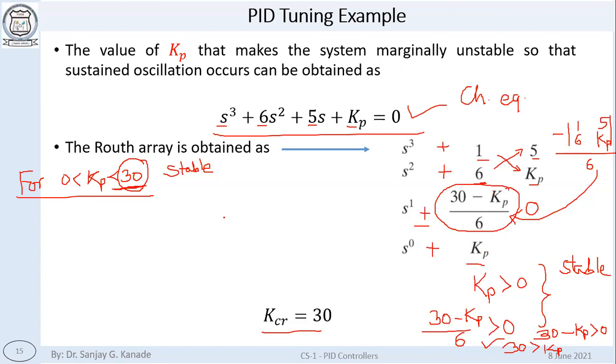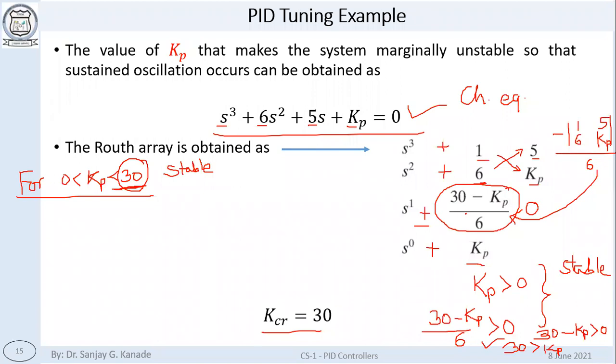So in this particular PID tuning example, we are not interested in the range of gain for which the system is stable. We want simply the marginally stable system and the gain at that particular point.